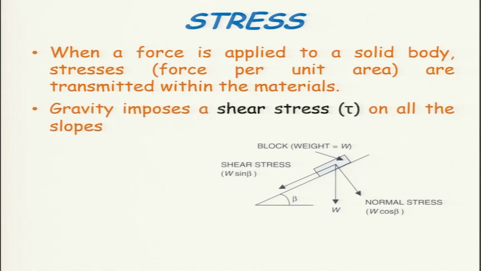If you take gravity, it imposes a shear stress, that is your tau, on all the slopes. So, tau is given as W sine beta, or you can say W sine theta, where theta is the angle of slope, and this will be your shear stress.